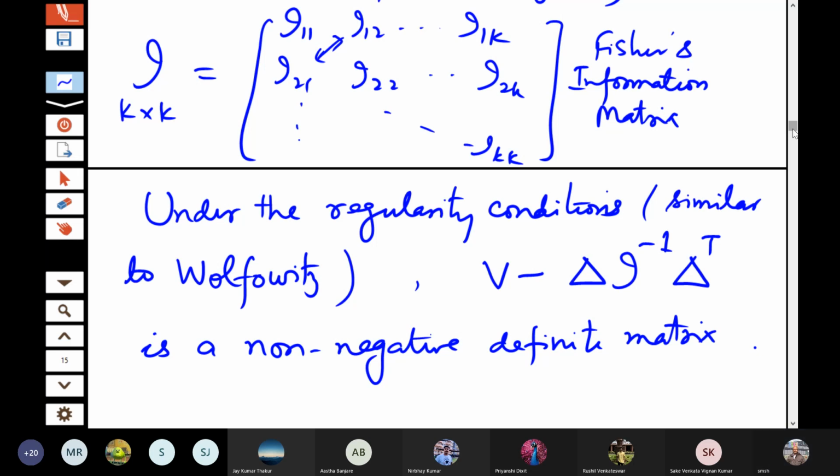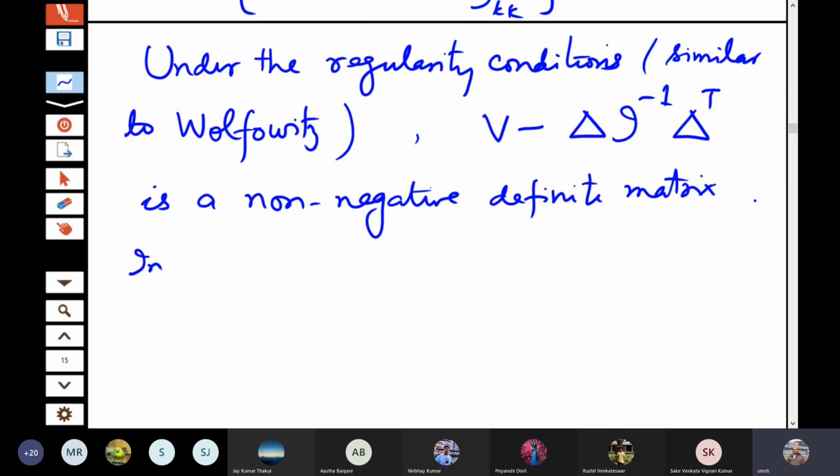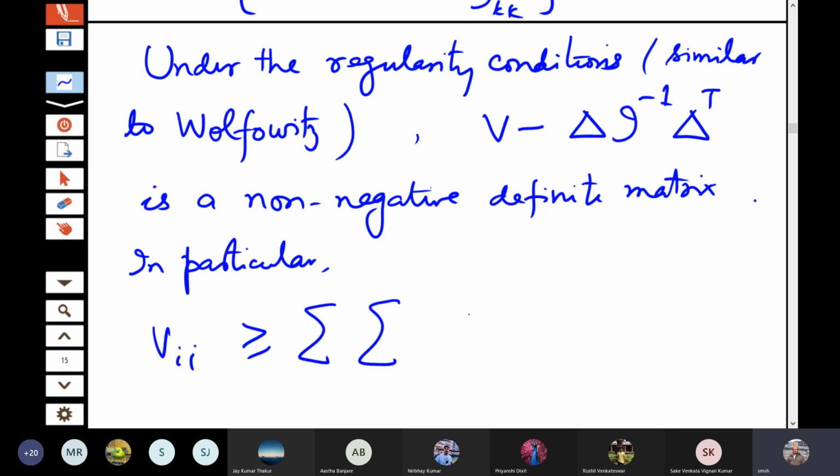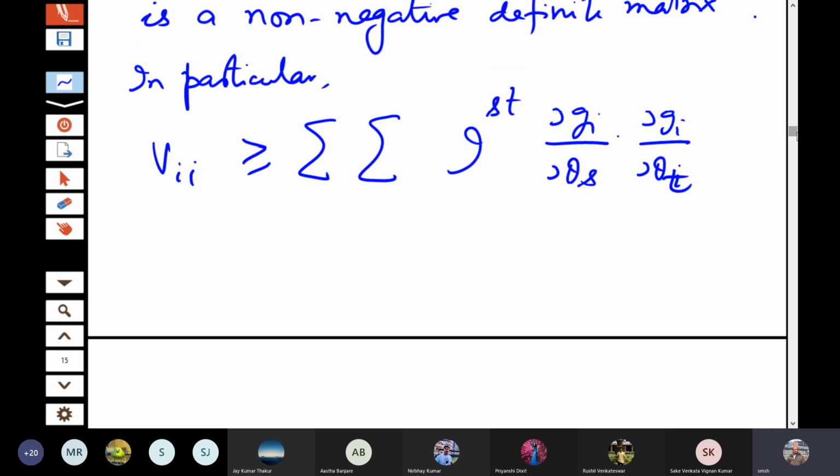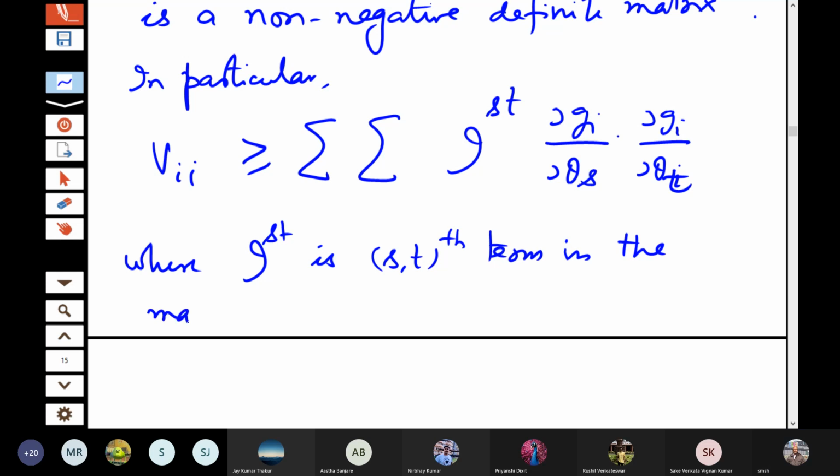In particular, Vii is greater than or equal to the double summation of I^st times del gi by del theta s times del gi by del theta t, where I^st is the (s,t)th term in the matrix I inverse.